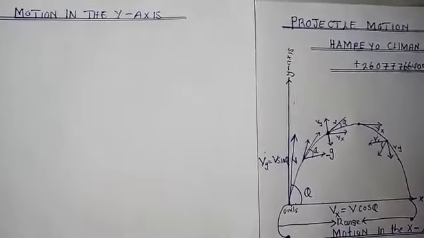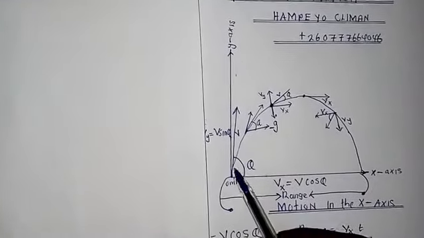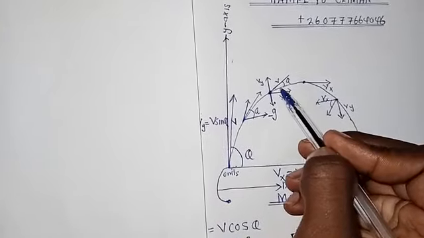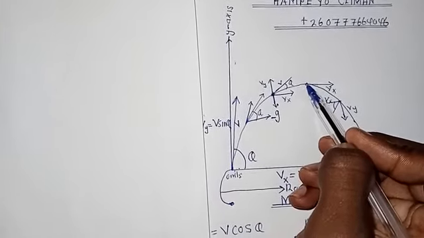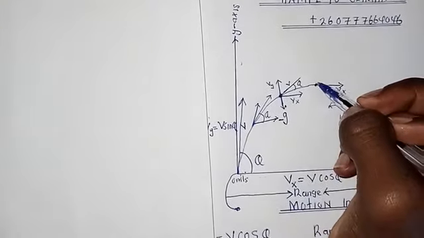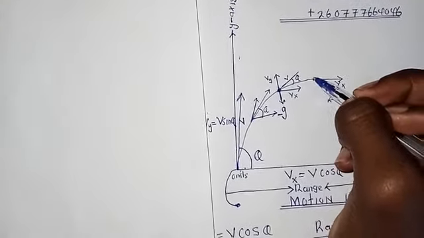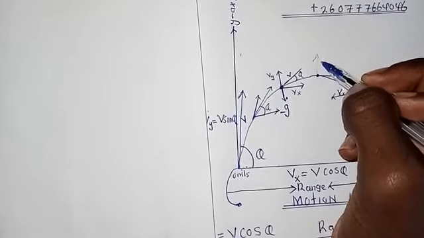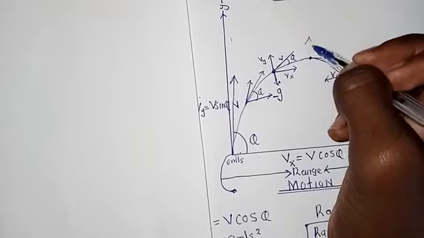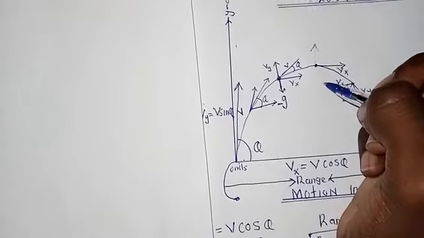Okay, get to the same diagram. Now you are going to discover that as this thing is moving in this direction, it is going to reach some point, which happens to be this point, where you would discover that at this point there is no y component. Okay, there is no velocity, there is no Vy. Okay, there is no component of velocity in the y.